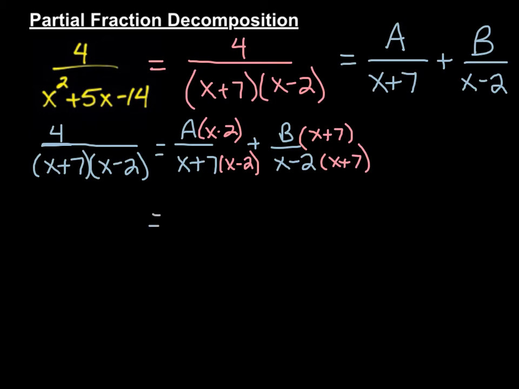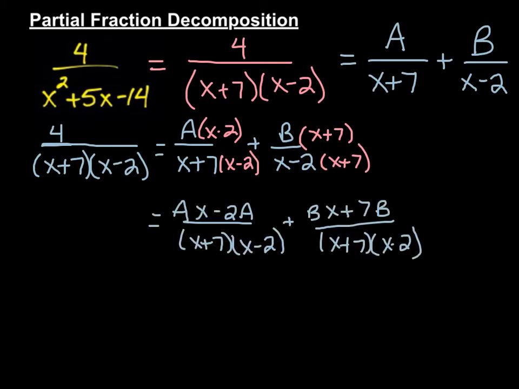So now we're left with ax minus 2a, because I just distributed this A to both these terms, plus b times x, bx, plus 7 times b, which is 7b, over our new denominator. Now since we have a common denominator, we're allowed to combine these numerators.